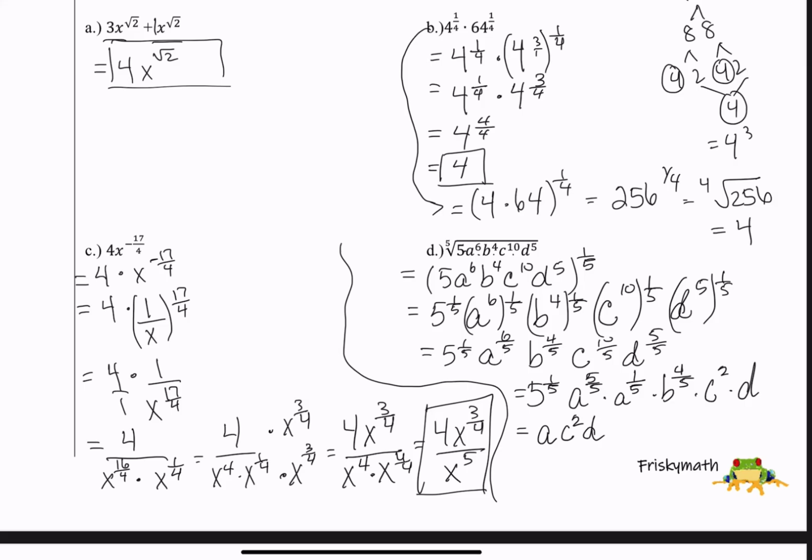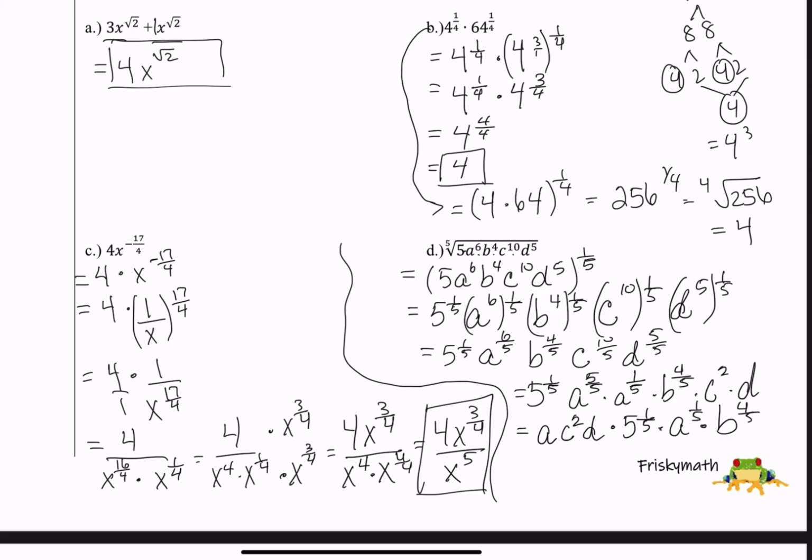Everything else is either to the 1/5 power or to the 4/5 power. Couple ways to write this. You could leave it so that you're just like, okay, this is going to be 5 to the 1/5, a to the 1/5, b to the 4/5. I'm fine with that. You have to be able to recognize these in many different forms though.